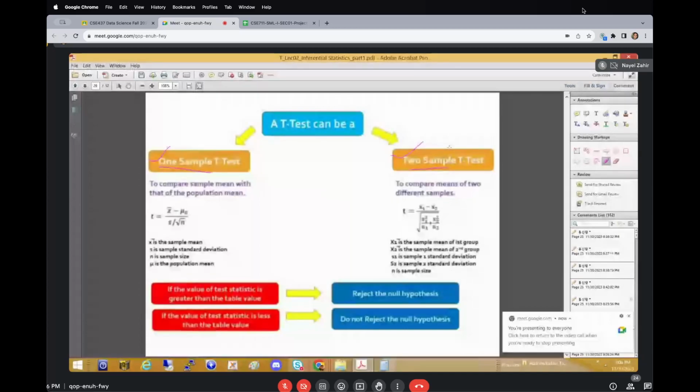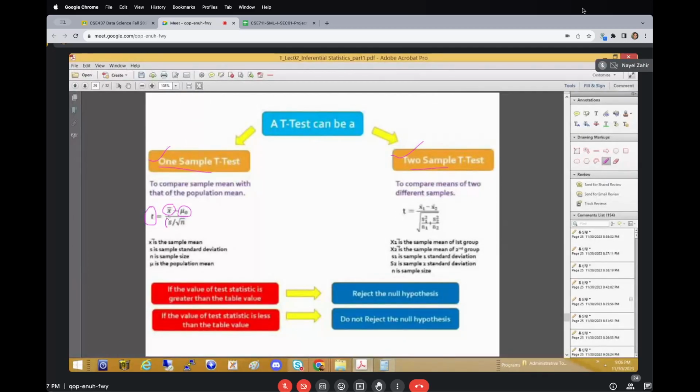Here, to compare the sample mean with the population mean, the t-test value will be t equals x bar minus mu divided by s over square root of n.